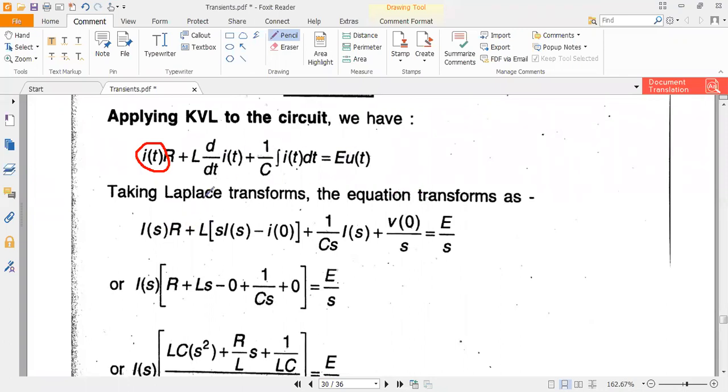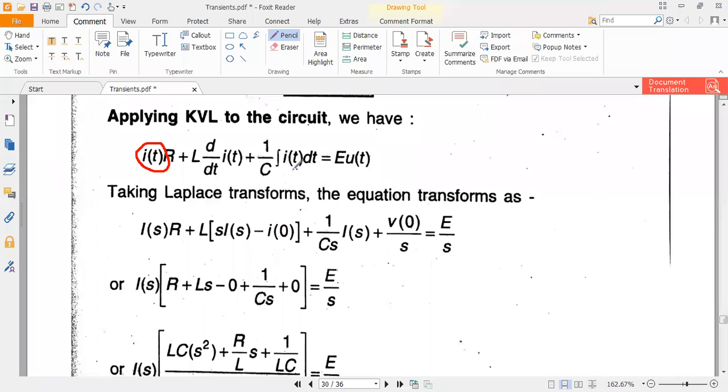Okay. You know how to apply the Laplace transformation. So i(t) will become I(s), because R and L are constants, and L di(t)/dt will become s into I(s) minus i(0), because by taking the Laplace transformation we are also considering the initial conditions.